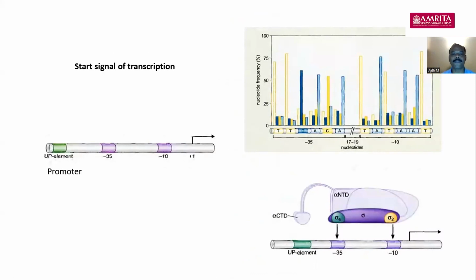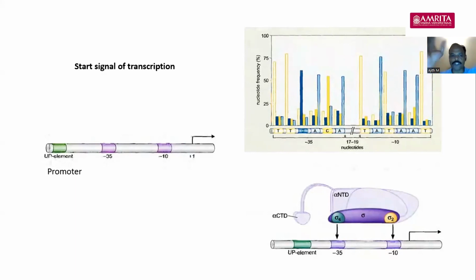So see here, the gene has a set of start signals that helps the transcription machinery to identify the start point. It also helps to identify the end point, the start point and the end point.